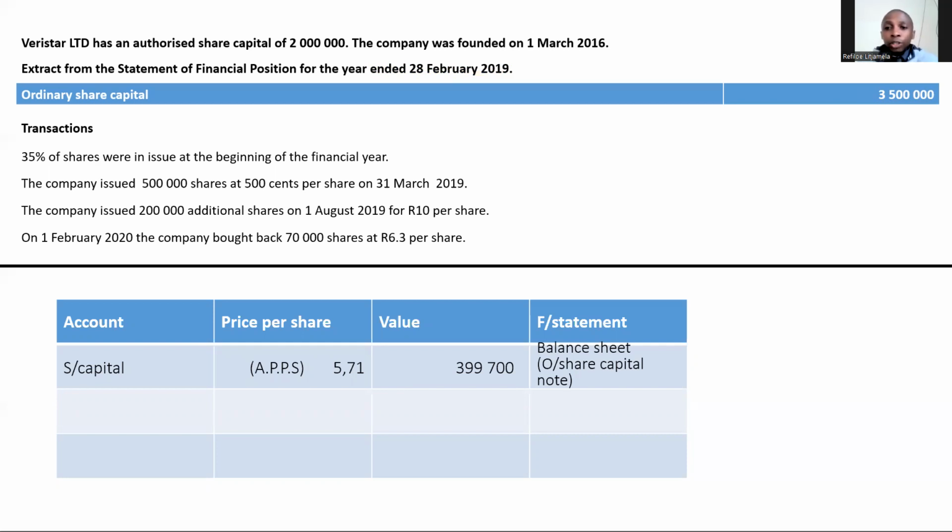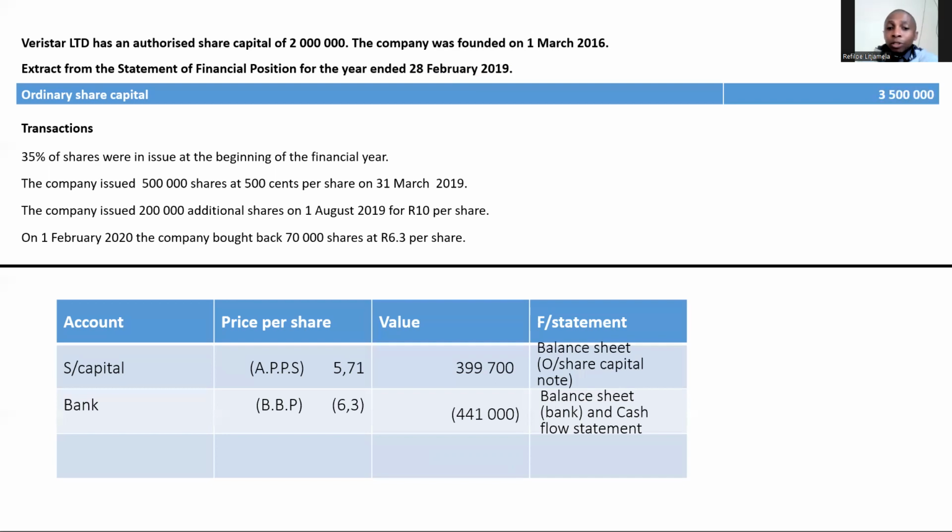The amount of money that will go out of your bank will simply be what you paid. And we paid 6 Rand 30. Multiply that by the number of shares bought back. It'll give you the total amount we've paid in cash, which is your cash outflow, as it will be reflected in the cash flow statement, and that amount will be deducted from your cash and cash equivalents.